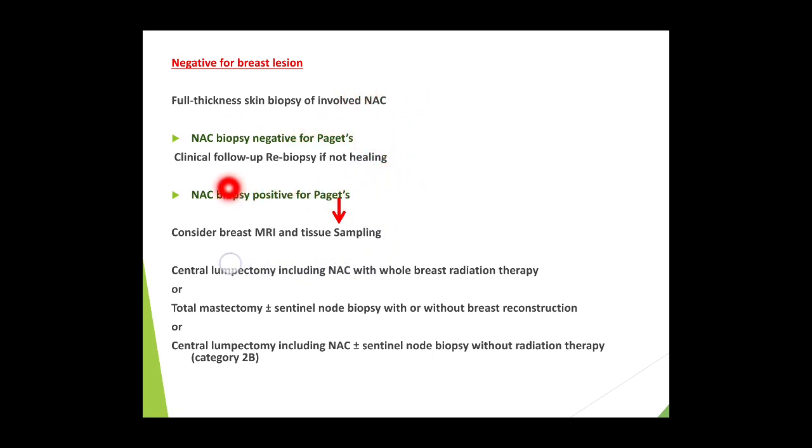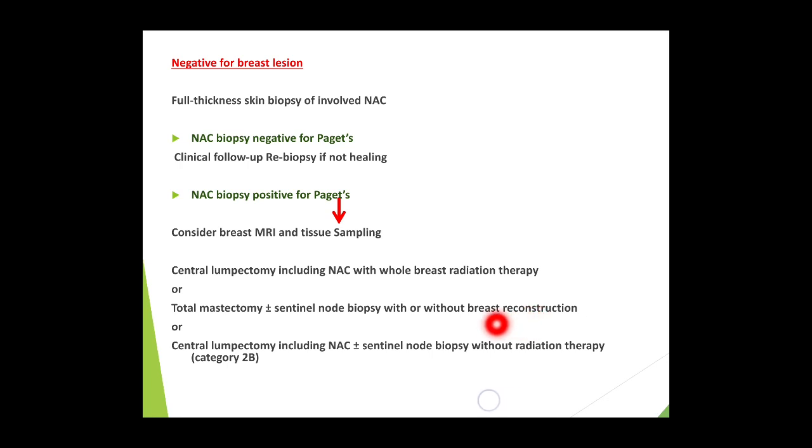and if the nipple areolar complex biopsy is negative for Paget disease, clinical follow-up or re-biopsy if not healing. While if the nipple areolar complex biopsy shows Paget disease, now consider breast MRI and tissue sampling, to be followed by surgery, whether central lumpectomy including the nipple areolar complex with whole breast radiation, or total mastectomy with or without sentinel lymph node biopsy, with or without breast reconstruction.